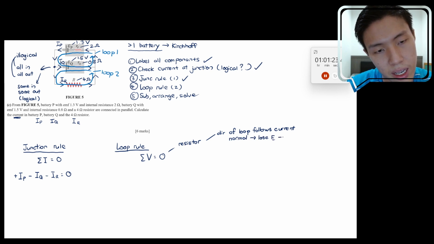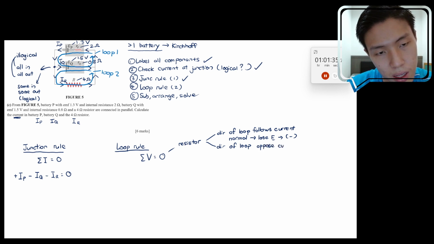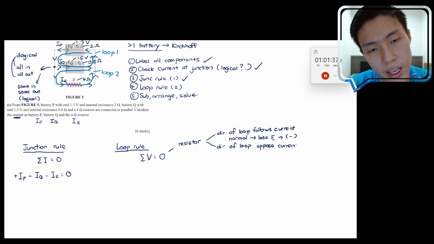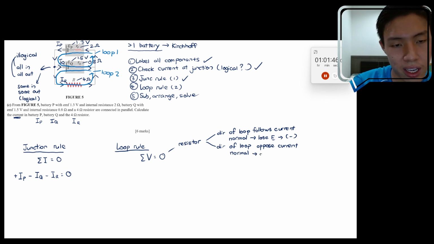That's why it's negative. On the other hand, if the direction of your loop opposes the current, then that is an abnormal way for current to flow. So abnormal way of flowing through resistor, abnormal way of energy change is you gain energy.